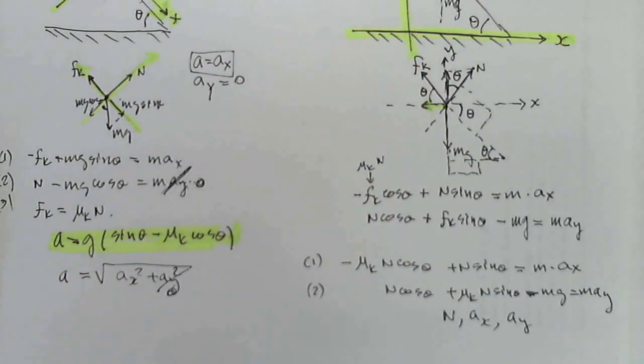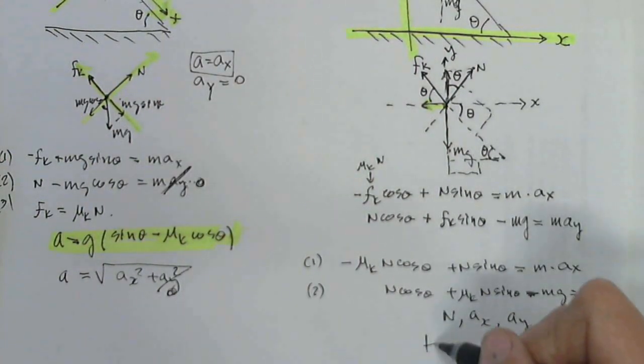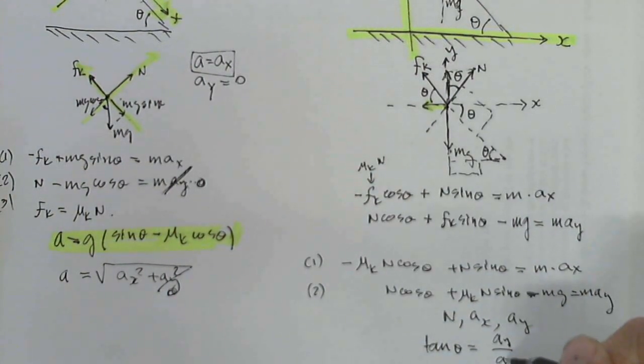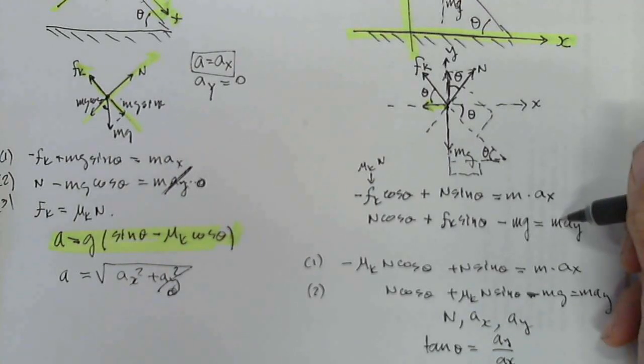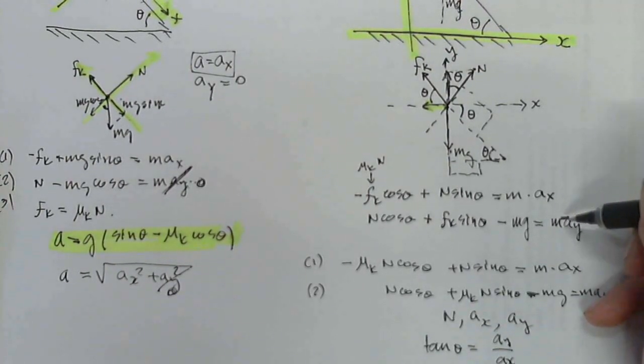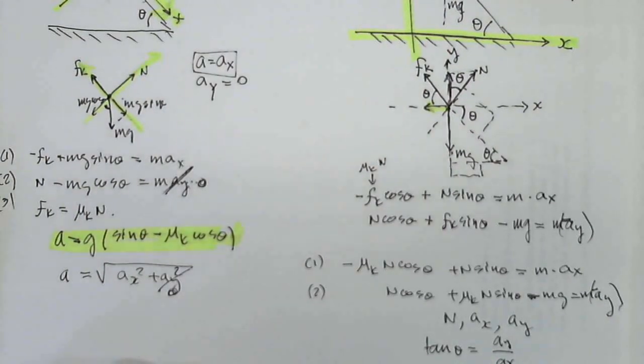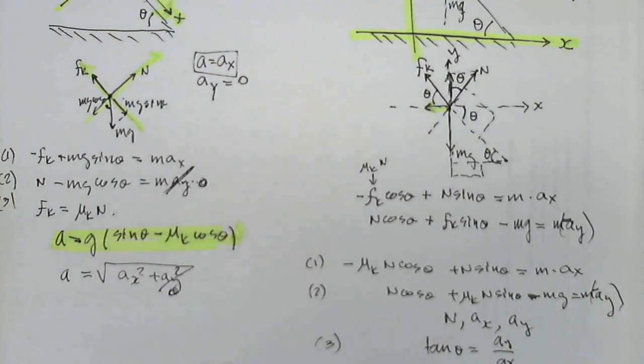That means that the tangent of the angle is ay over ax. And by the way, the acceleration here is downward, so there is supposed to be a negative in that equation. So this is my third equation.